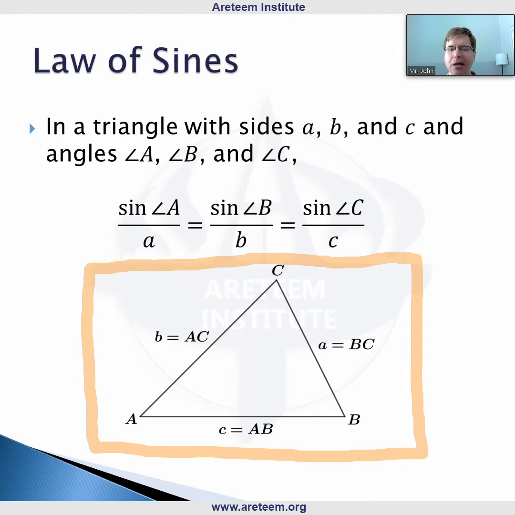We have the three angles and the three vertices: angle A, angle B, and angle C. The common way of labeling the side lengths is with the opposites. Of our three sides, we call side BC little a in length, because that is opposite the A vertex. Opposite B, we have side AC with length little b, and opposite C, we have length little c, which is the segment AB.